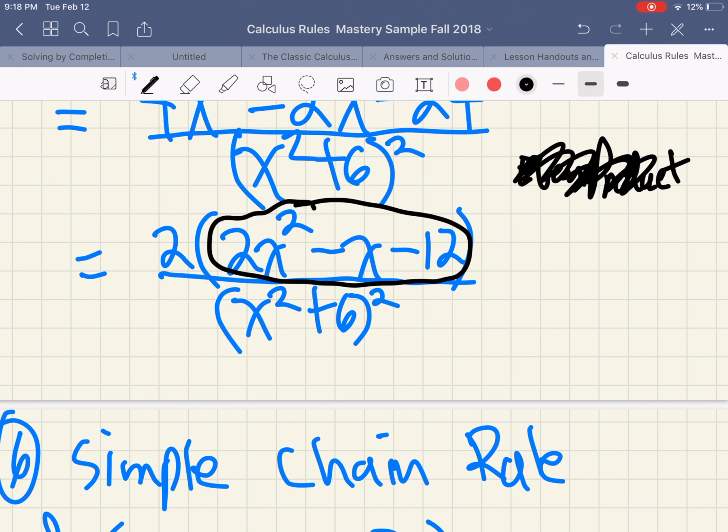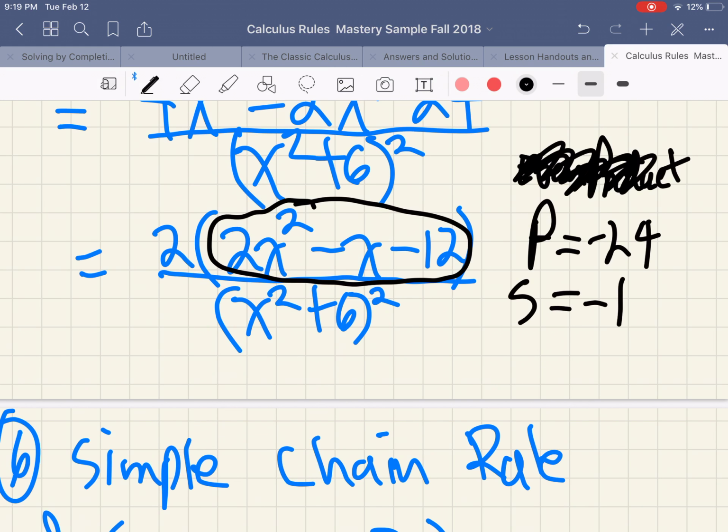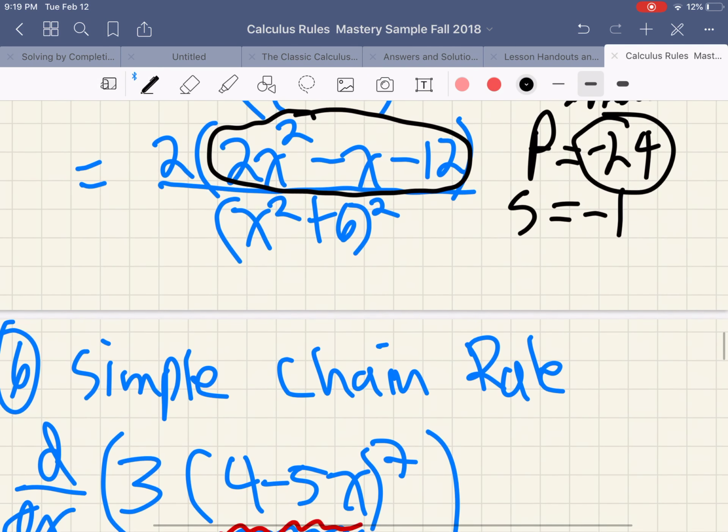This is where I am getting stuck on sort of grade 7 number sense. Okay, so the product is negative 24. The sum is negative 1. So the closest numbers you get to a perfect square for 24 is 6 and 4. There's no way that adds to 1. Okay, that's all I'm trying to say.